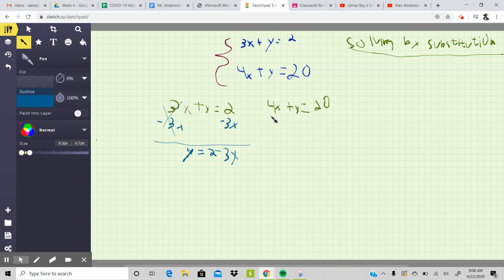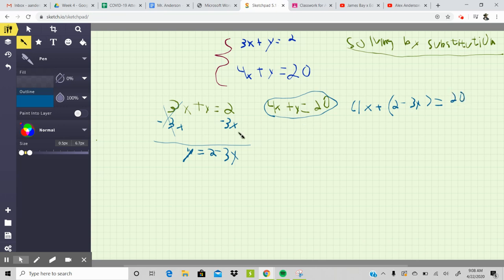So I'm going to rewrite this other equation right here, but substitute 2 minus 3x in for y instead of just writing y. So that would look like 4x plus, I'm just going to put parentheses around them for now, 2 minus 3x, and that's equal to 20.